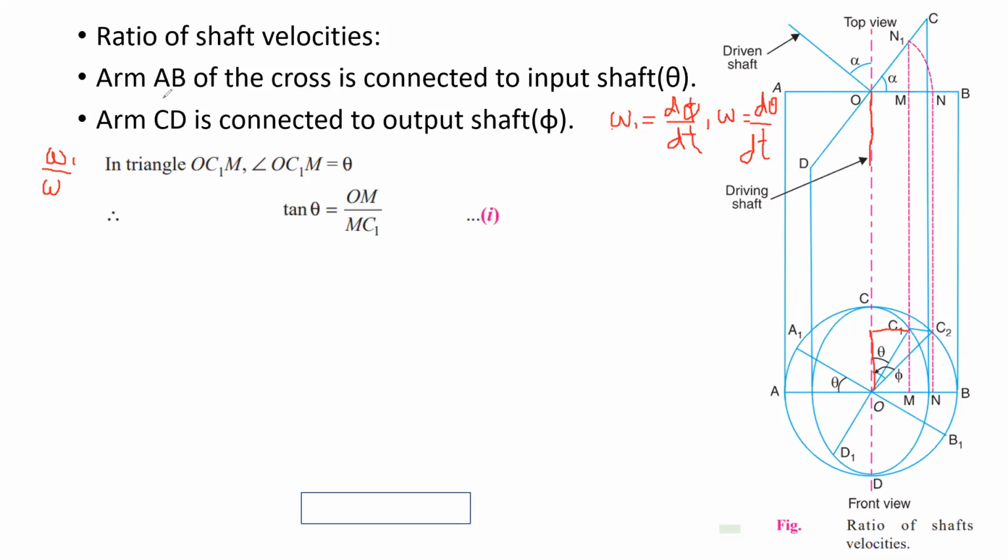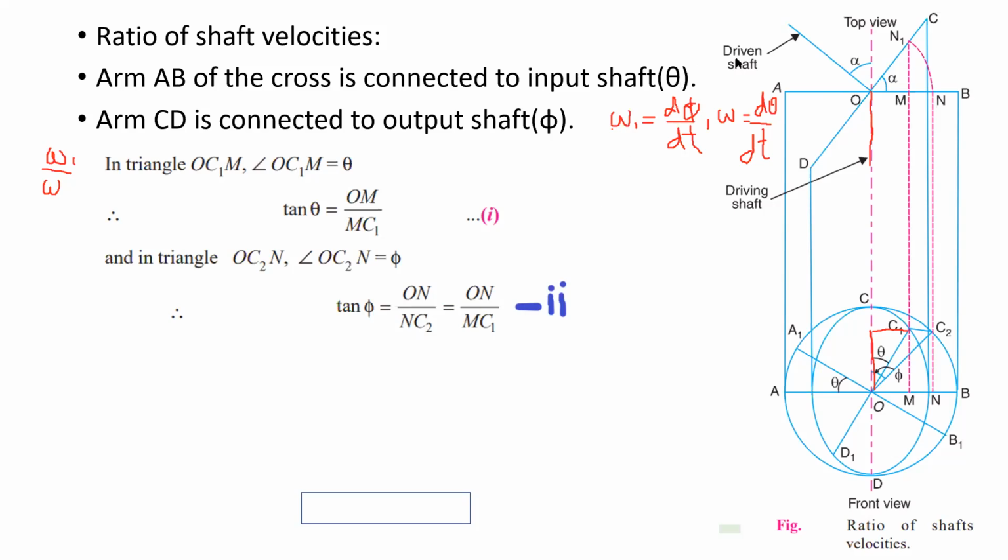So further we can write tan phi is equal to ON. As this angle is phi, this angle will also be phi. So ON upon MC1. It is the second equation. Now let us further simplify it. Are you getting this equation or not? Yes.